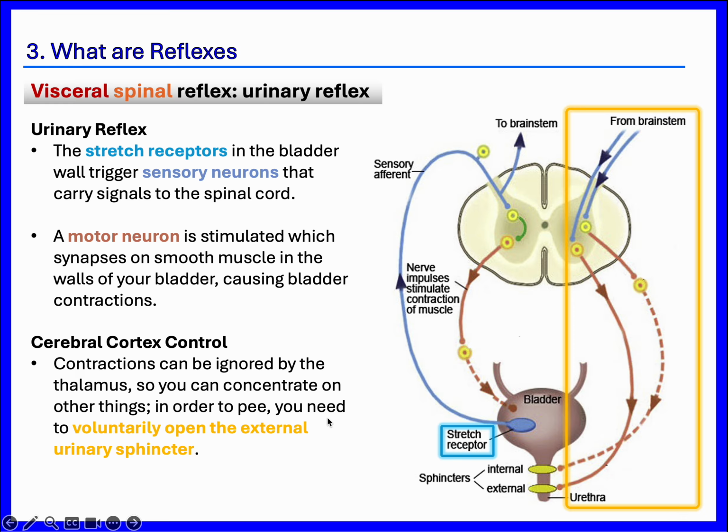And in order to pee, you need to open up voluntarily. Do you see how this is from the brainstem? You voluntarily need to open them up. So this is the reflex, the visceral spinal reflex, the urinary reflex. But this over here is your conscious control of that. This is not a reflex. This is from the brain down.